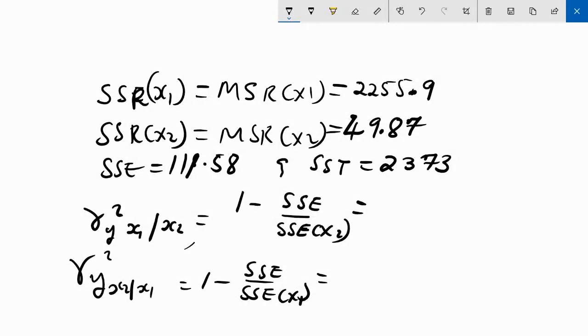How far, guys? The first one is 0.952. Can we confirm the value? The second one is 0.047.